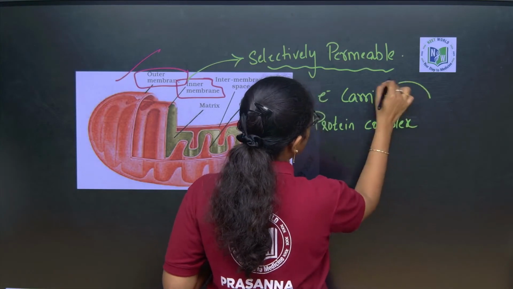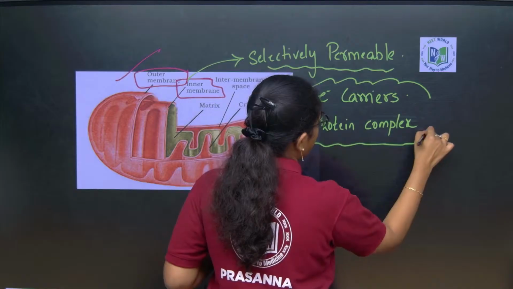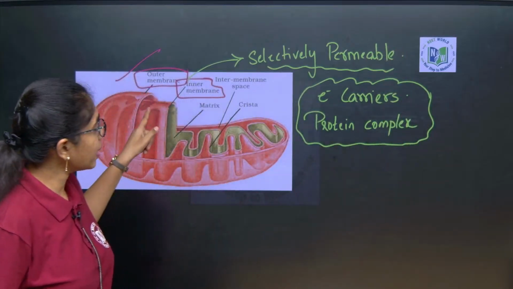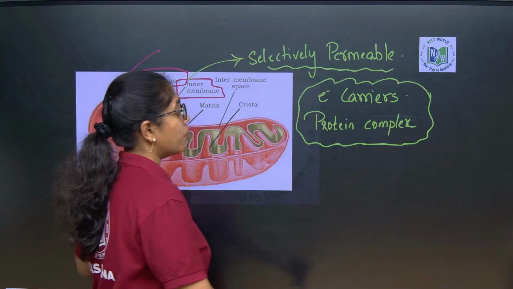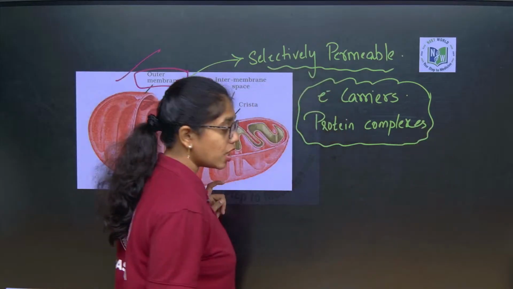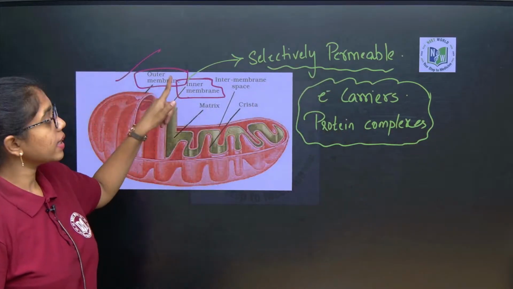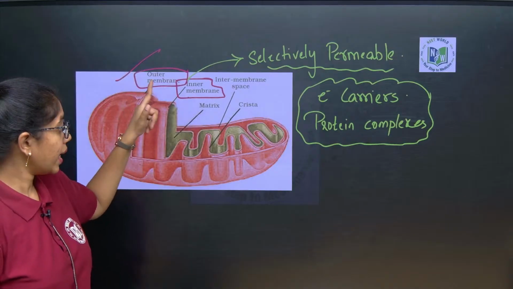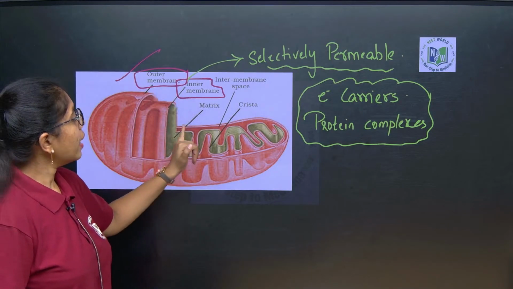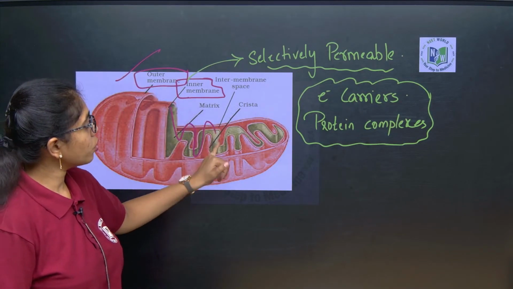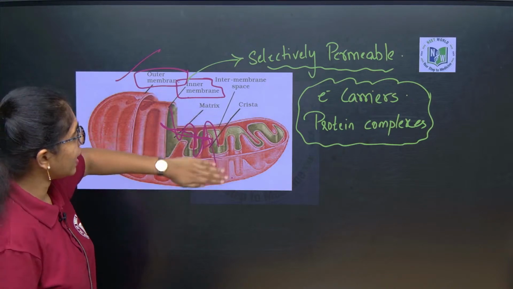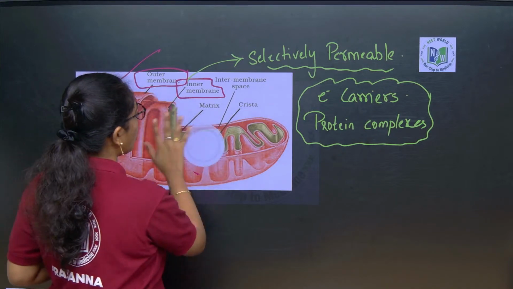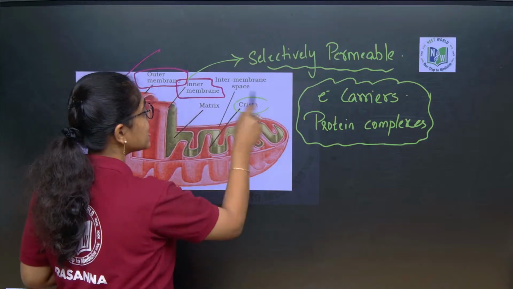Electron carriers and protein complexes, whichever are required for the ETS process, are present in the inner mitochondrial membrane itself. And the inner mitochondrial membrane infoldings are called cristae.